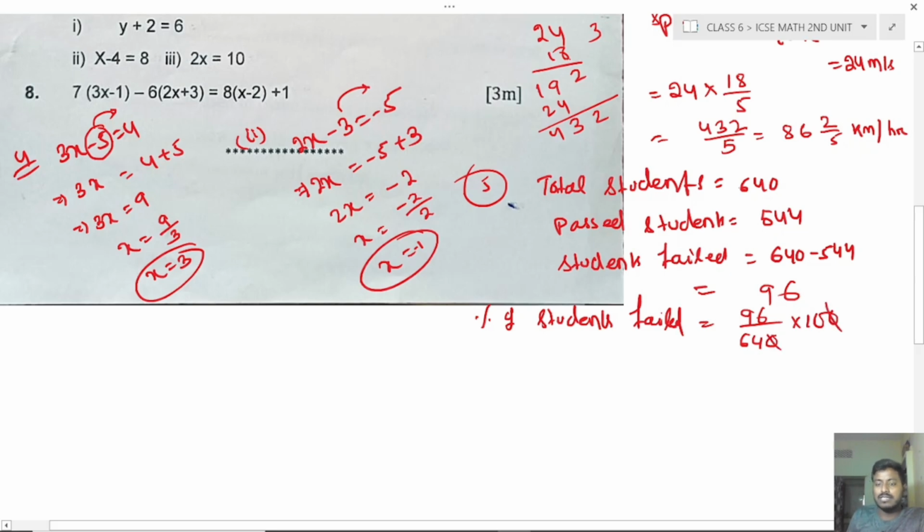Zero, zero cancel. 8 eights are 64, 8 twelves are 96, then 4 twos are 8, 4 threes are 12, then 2 fives are 10, so 5 threes are 15. So the answer is 15%. Understand?